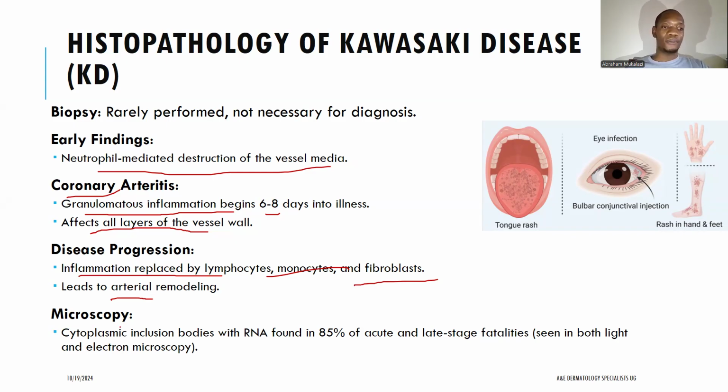Microscopically, you can see cytoplasmic inclusion bodies with RNA found in about 80 to 85% of the acute cases, and then late stage usually, if you're able to use electron microscope and the rest, you can also pick these other changes.